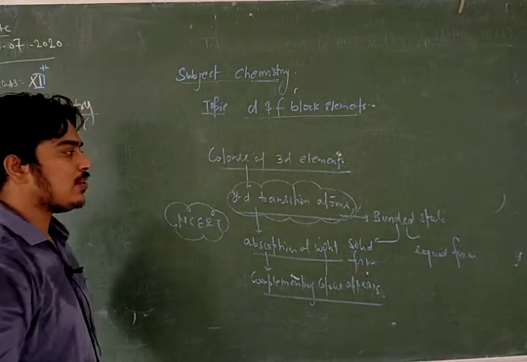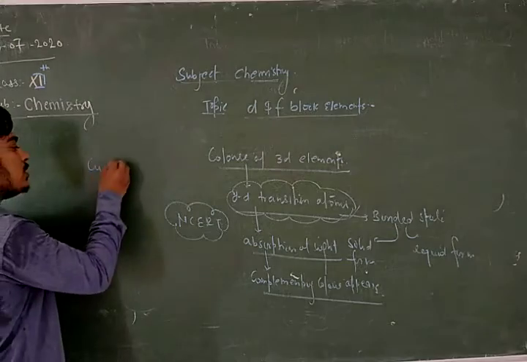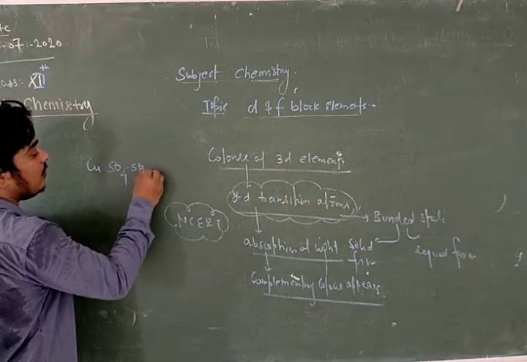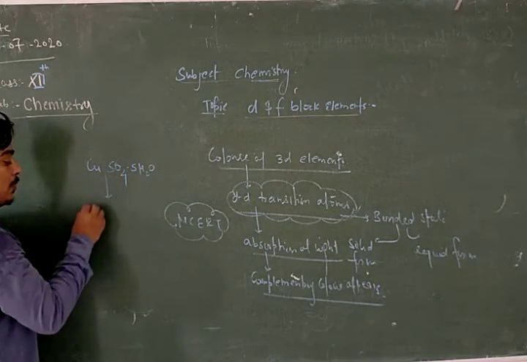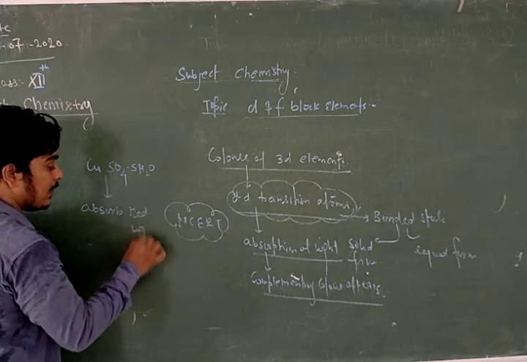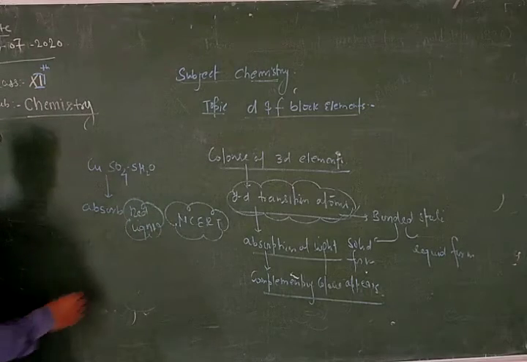I have given the list of complementary colors in coordination compounds. Suppose there is copper sulfate in hydrated form, it will absorb red light wavelength. In the visible region, it absorbs the wavelength of red light.